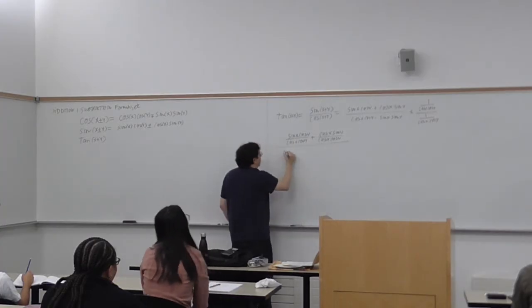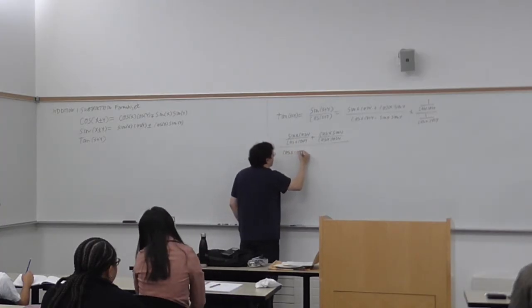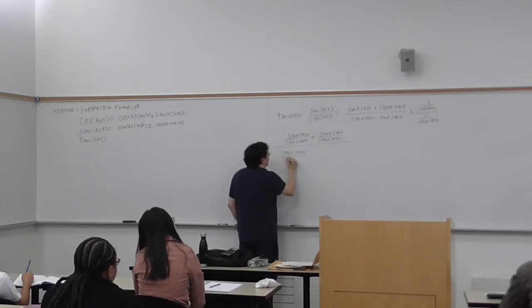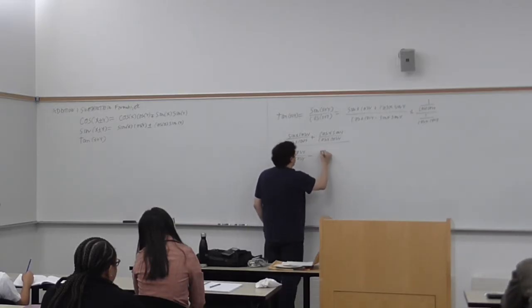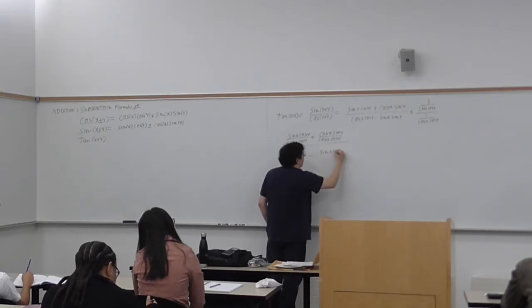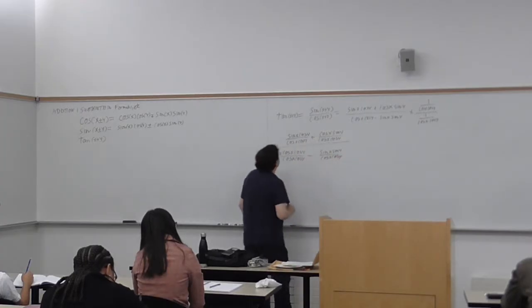And on the bottom, we have cosine x cosine y over cosine x cosine y minus sine x sine y over cosine x cosine y.